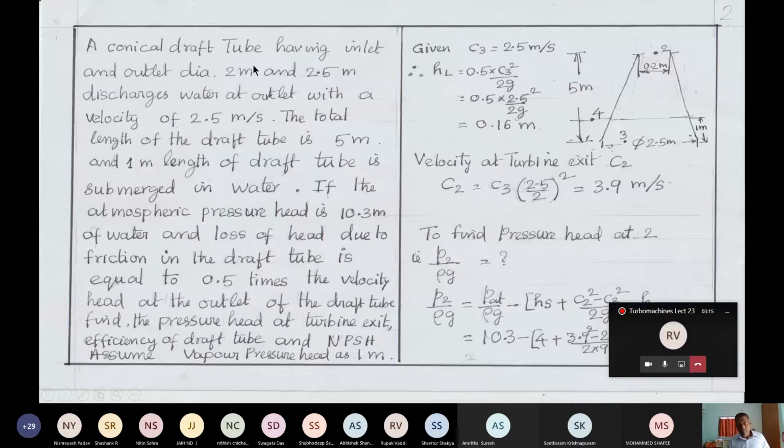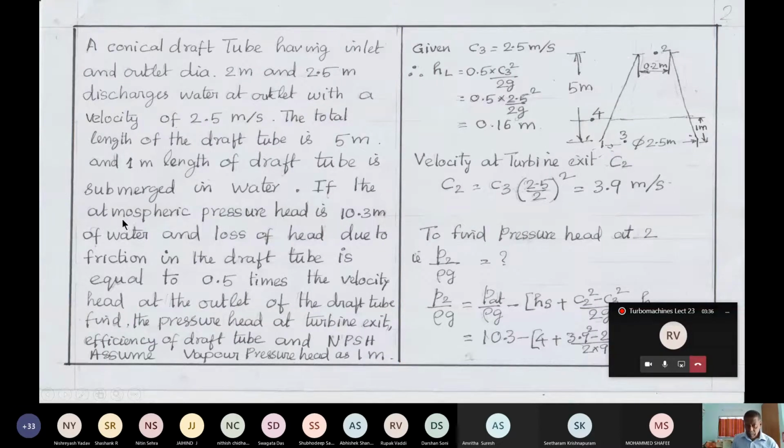A conical draft tube having inlet and outlet diameters 2 meters and 2.5 meters discharges water at the outlet with a velocity of 2.5 meters per second. The total length of the draft tube is 5 meters and 1 meter length of the draft tube is submerged in water.